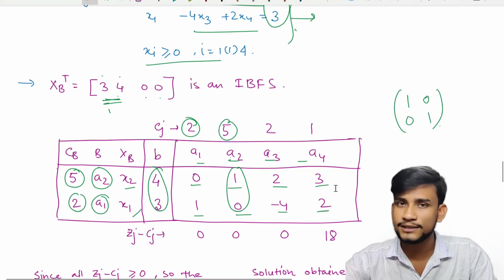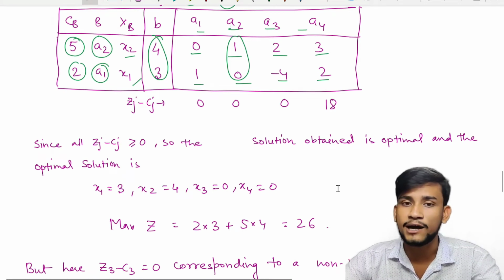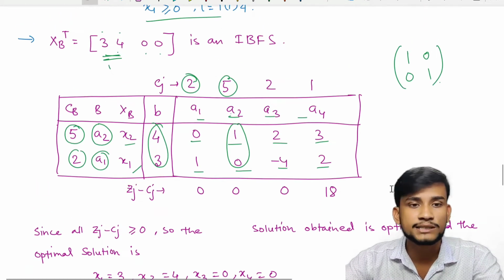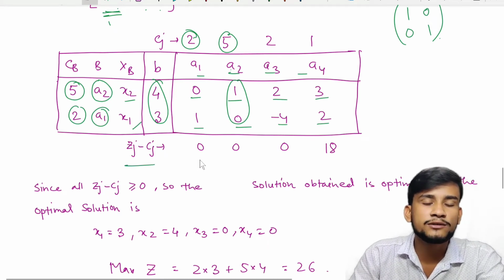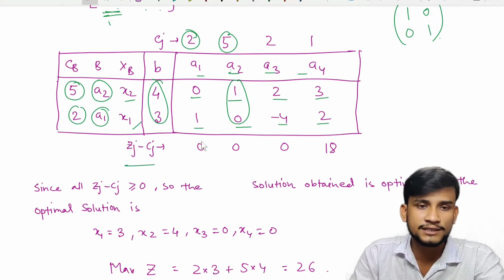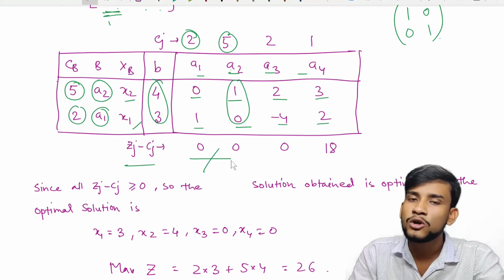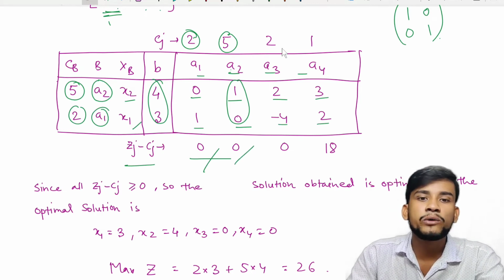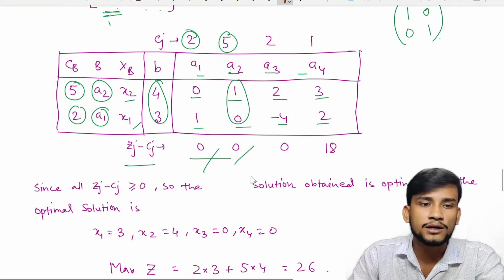I think you understand how we write these tables and how we take the initial basic feasible solution. Now we calculate the zj minus cj terms. Since these two vectors are in the basis, zj minus cj corresponding to them is 0, so we don't need to calculate these terms. Now we calculate for a3, that is z3 minus c3.